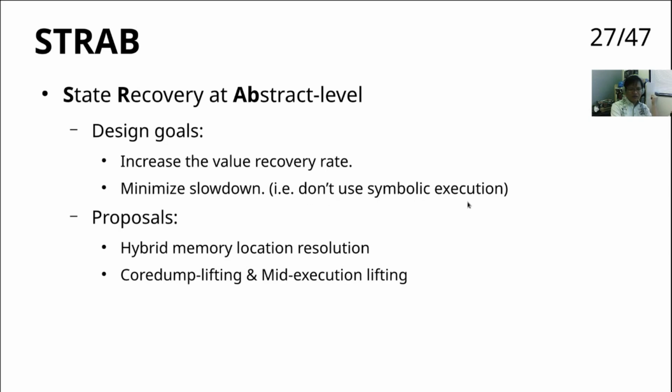So we don't want symbolic executions. Our proposal is to use a hybrid memory location resolution and also some other techniques to help recover more values from the core dump and lift them into IR level from machine level.